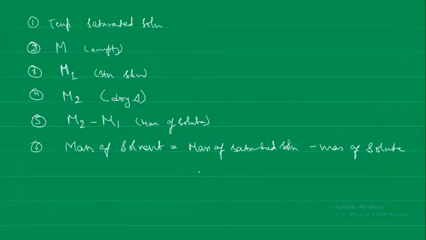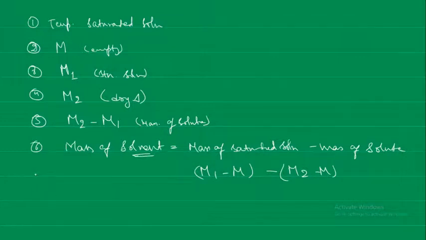What is the mass of the saturated solution? That is nothing but M1 minus M. M1 is the standard solution, M is the empty glass dish. Now, that is the mass of the saturated solution. We are subtracting from that mass the mass of the solute. Then what will remain? The mass of the solvent will remain.